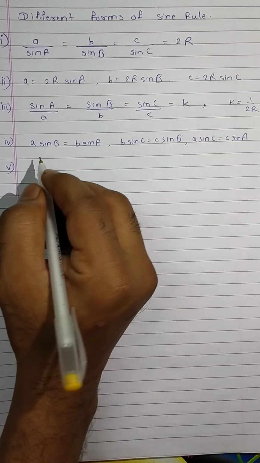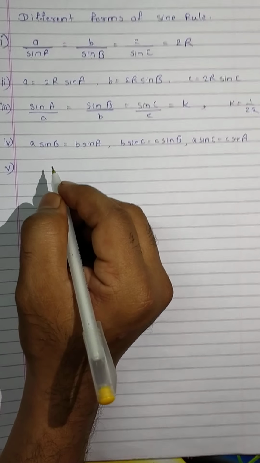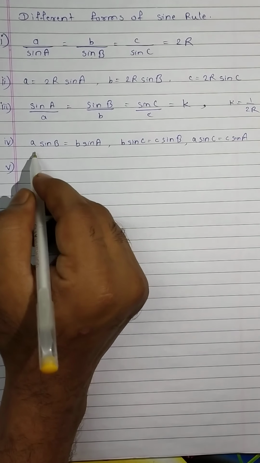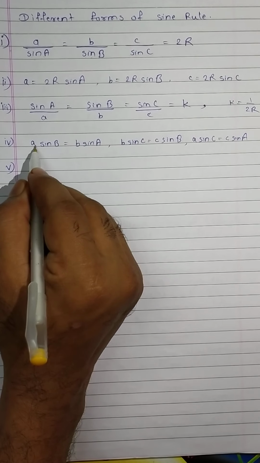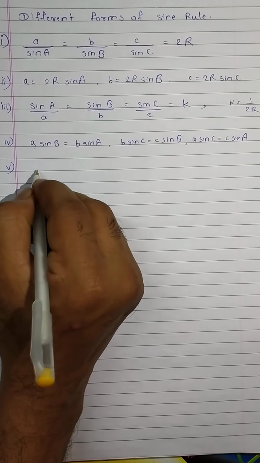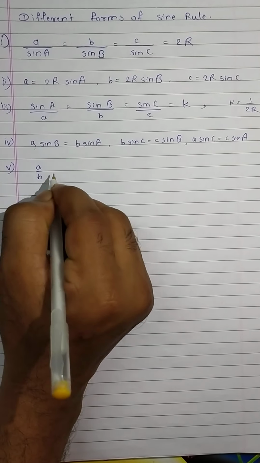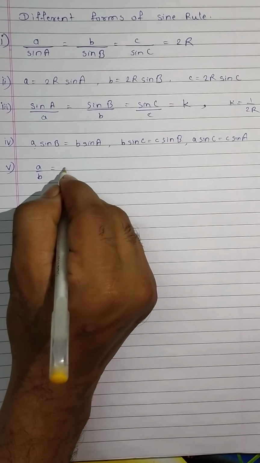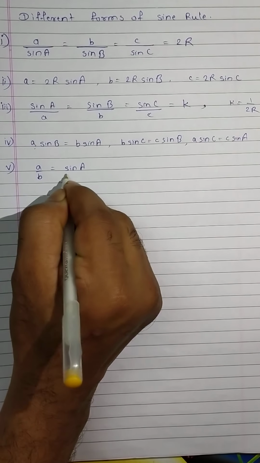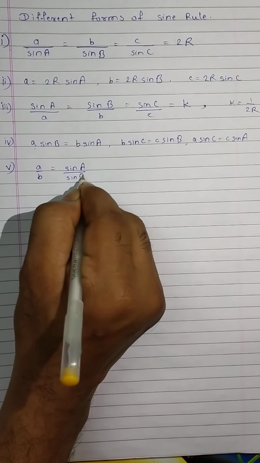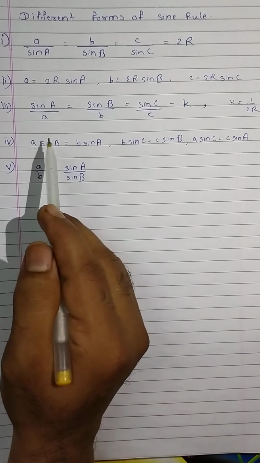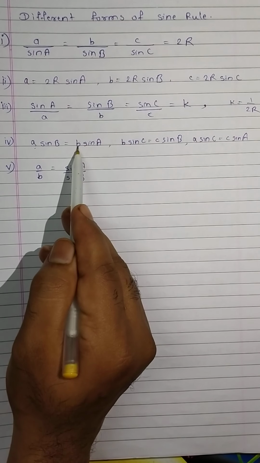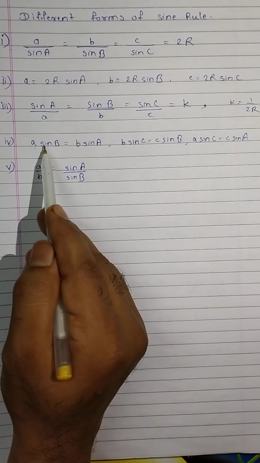Fifth form will be, instead of using the standard ratio, we will use this one. If you take a and b, the ratio of lengths of sides, a upon b is equal to sine A upon sine B. You got this? You transfer this b on the left hand side and sine B on the right hand side.